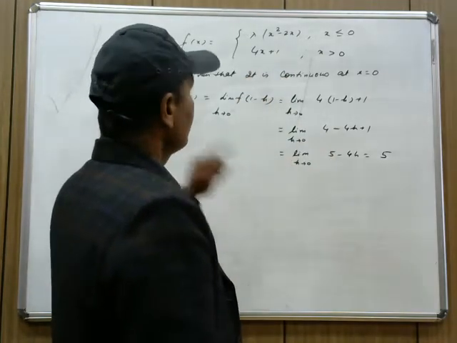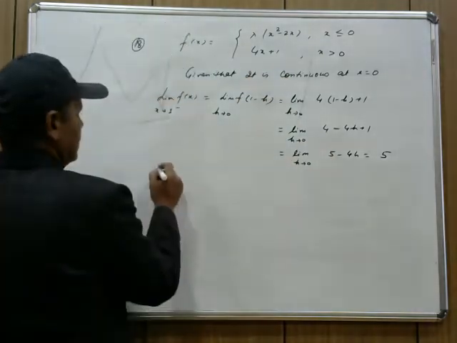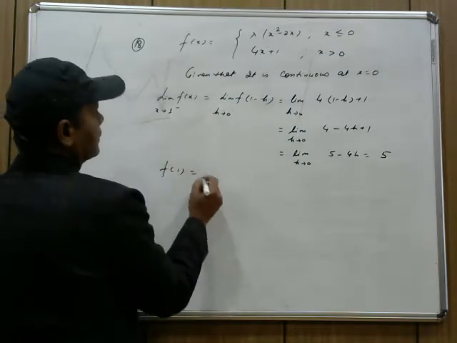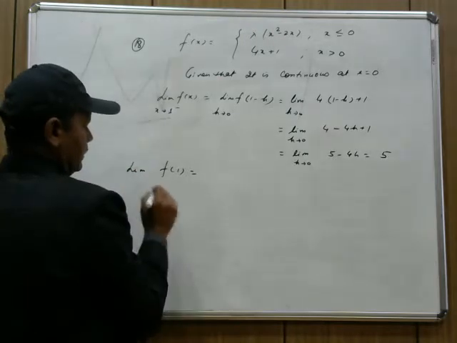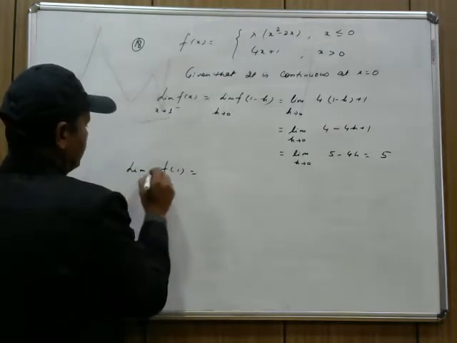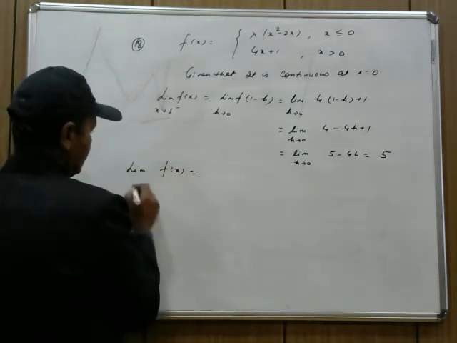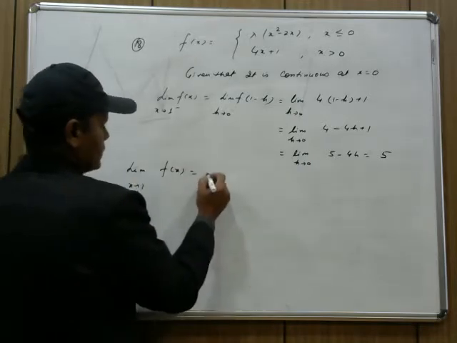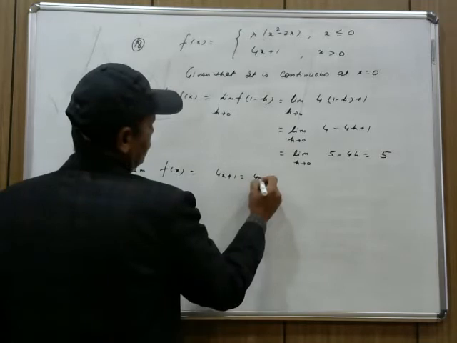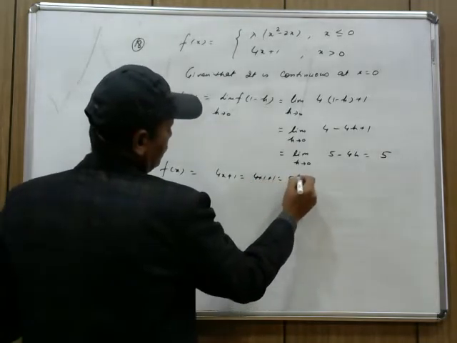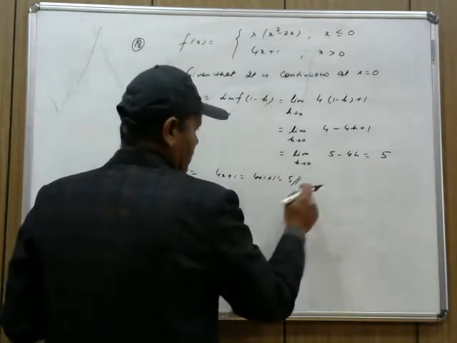And f of 1, limit of function f of x as x tends to 1, also we'll get 4x plus 1, that is equal to 4 into 1 plus 1, and that is also 5. This is also 5, this is also 5.